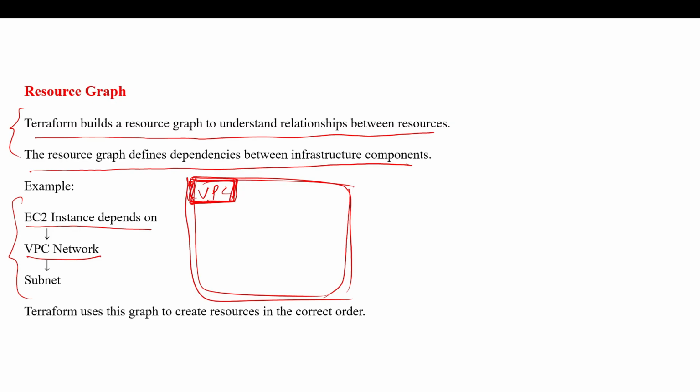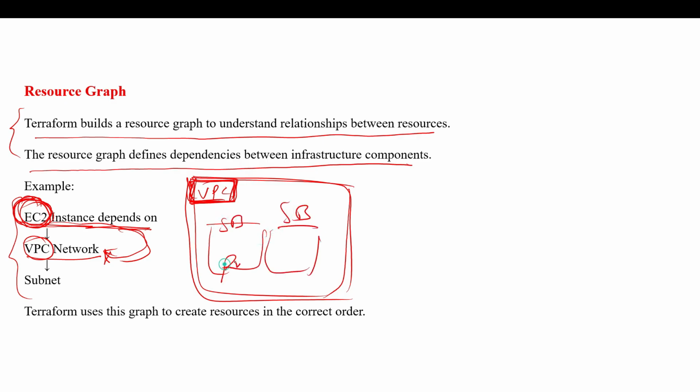So the very first thing we create is the VPC. Now if you are going to create an EC2 instance, a virtual machine in your cloud, before that you should have a VPC in place. So your EC2 instance depends on the VPC, and along with that, when we create the EC2 machine, we need to attach it to a subnet. It could be a public subnet or a private subnet. So whenever we create an EC2 instance, there are two dependencies: we should have a VPC in place, and we should have a subnet in place. Once these two components are in place, only then can you create the EC2.